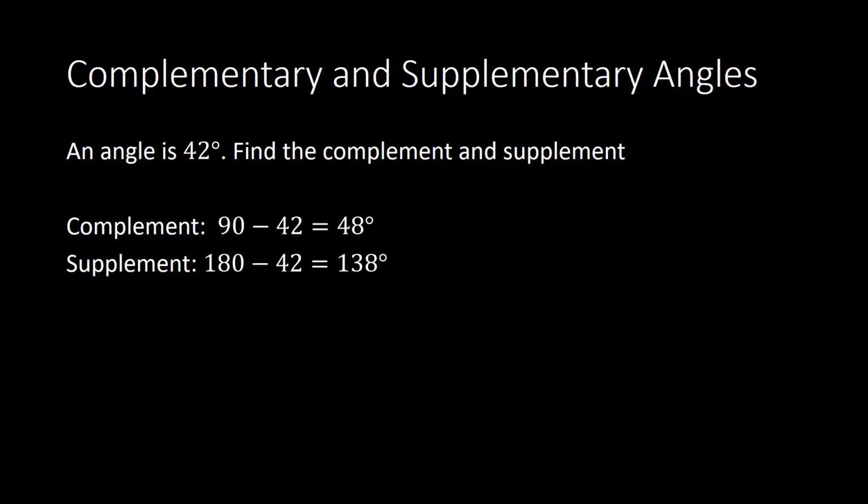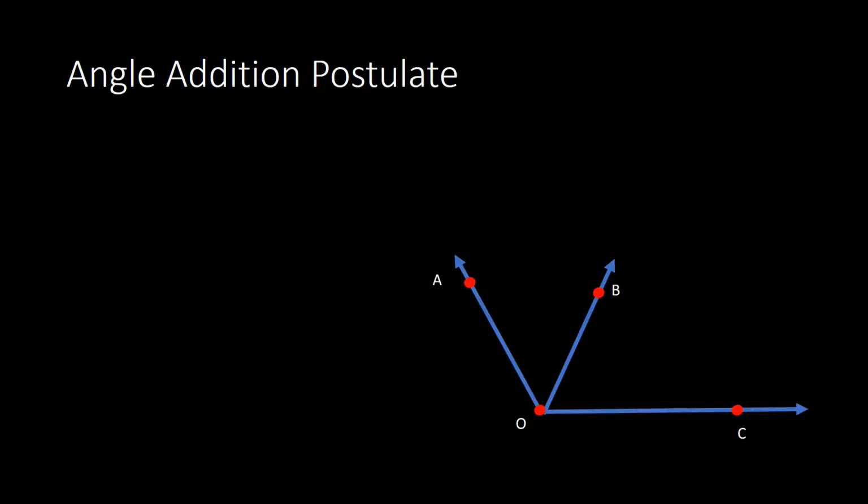And now as we wrap up this lesson, we have one final term to know, and that is what's called the angle addition postulate. Remember, the term postulate simply means something that does not need to be proved. It is a statement of fact.